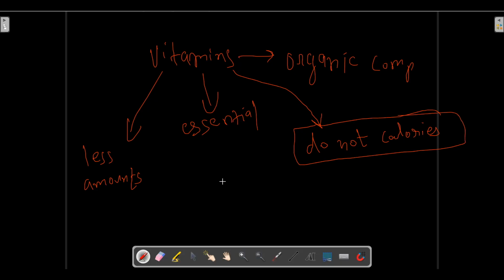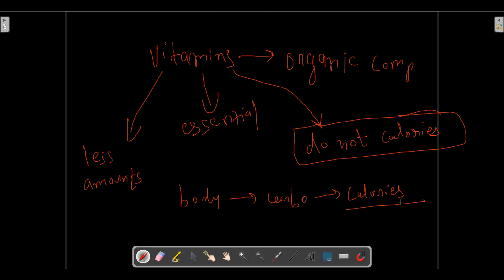What does it mean by calories? When our body breaks down carbohydrates, energy is released. Calories are burnt.